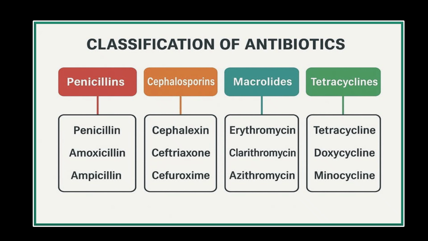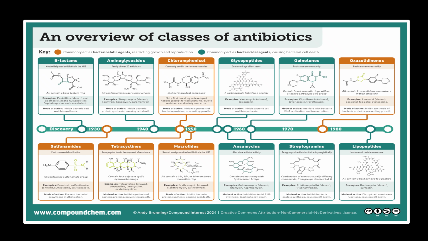Examples: penicillin, amoxicillin, ampicillin; cephalosporin; erythromycin, clarithromycin, azithromycin; tetracycline, doxycycline, minocycline. Overall classes of antibiotics: beta-lactam, aminoglycoside, cephalosporin, macrolide, sulfonamide, tetracycline, and others.